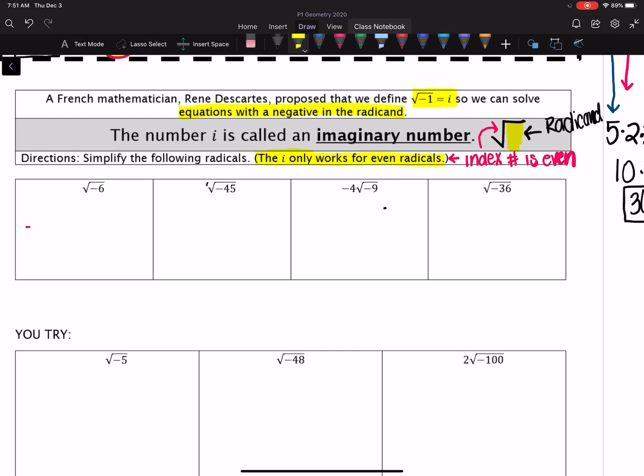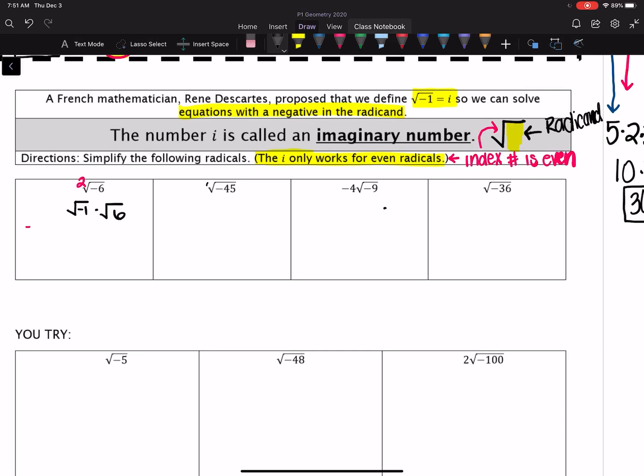Looking at this first example, I've got an even index, 2, because I'm taking the square root. Whenever we have a negative radicand, we want to rewrite our radical using the square root of -1, because I know that's going to be equal to the variable i, times the square root of 6.